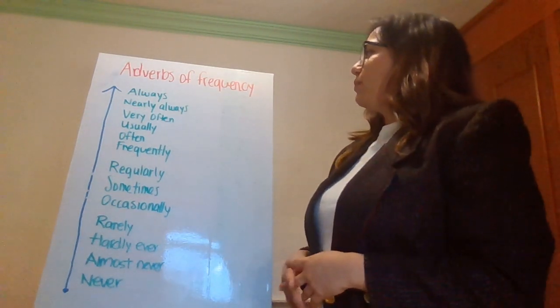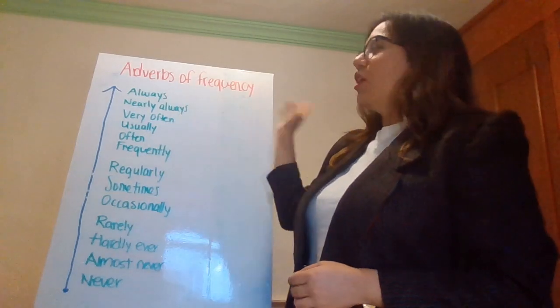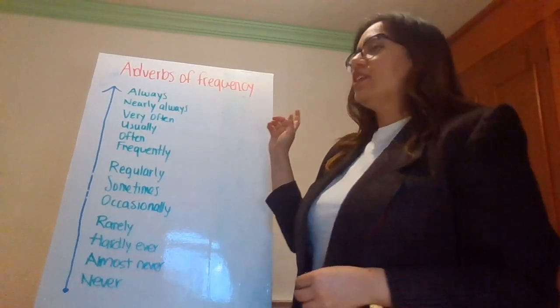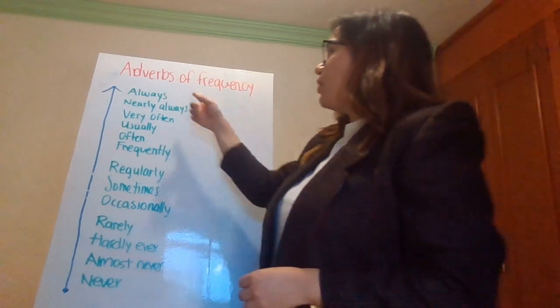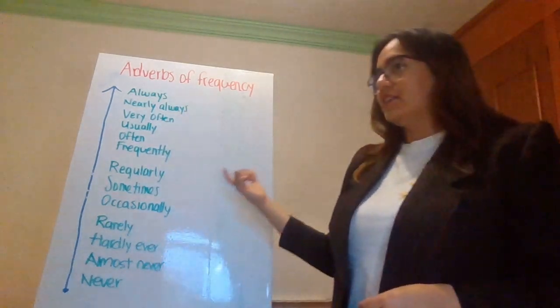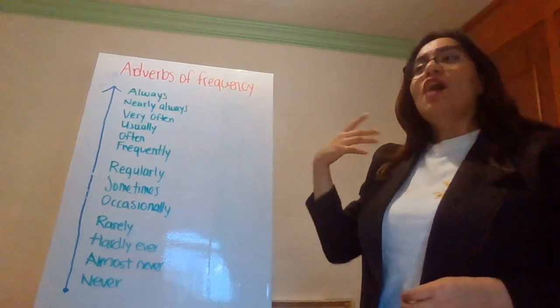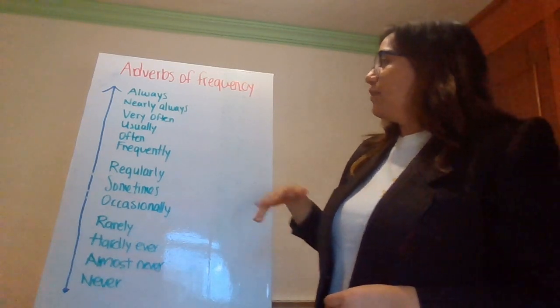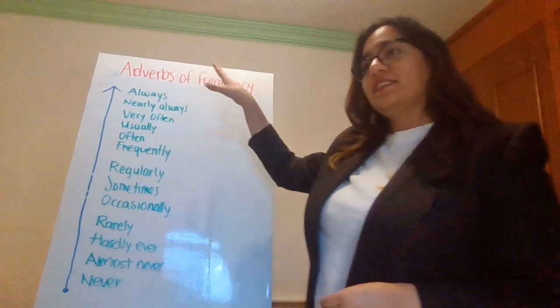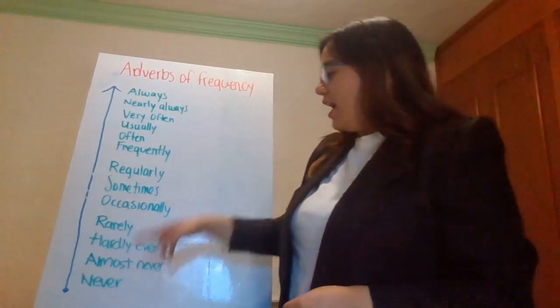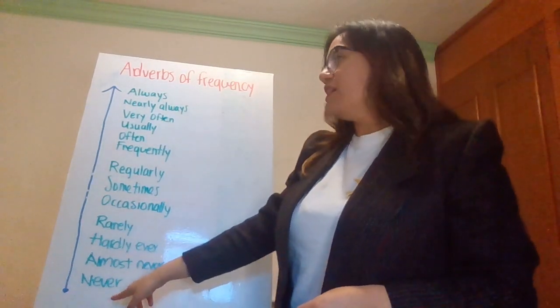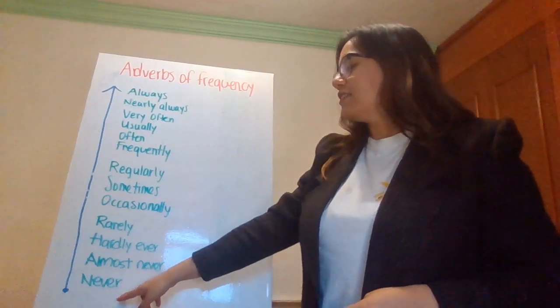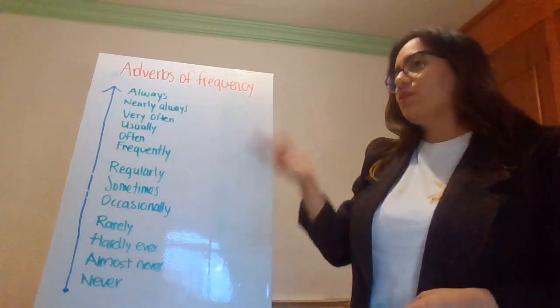So remember that when we talk about adverbs of frequency, we are talking about those words that help us to describe how often we do things. Okay, we have the ones that we use to describe things that we do all the time, and the ones that we use to describe things that we don't do.